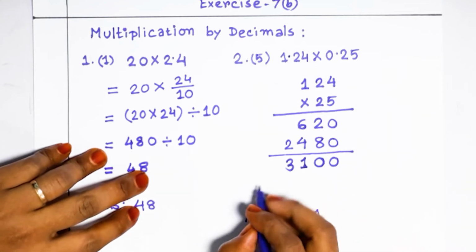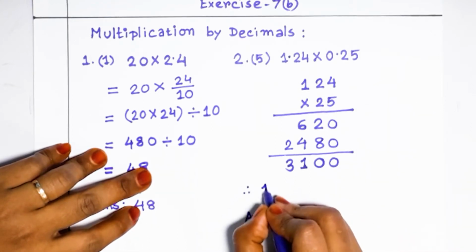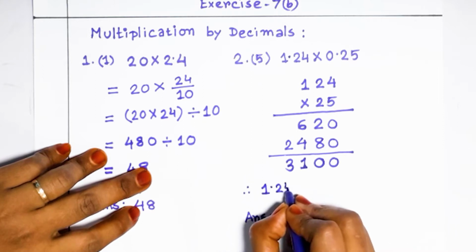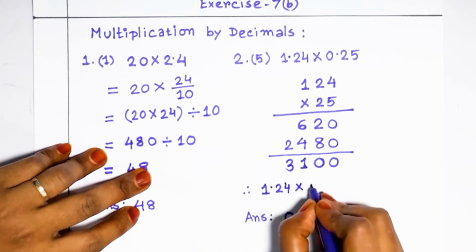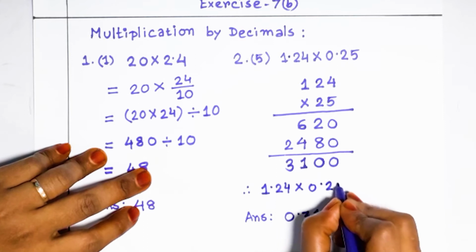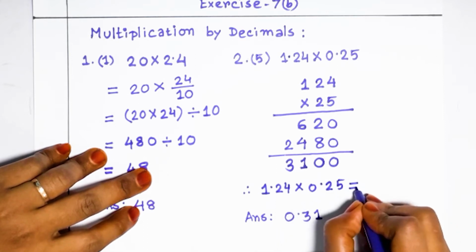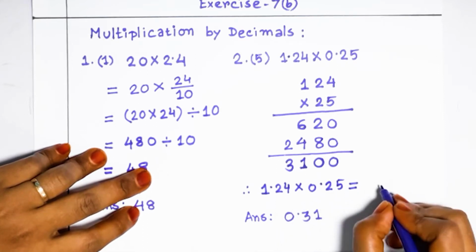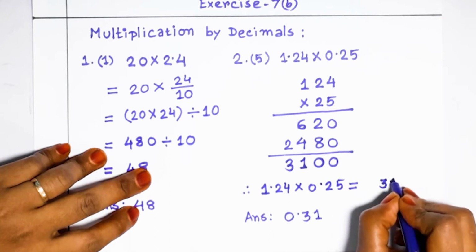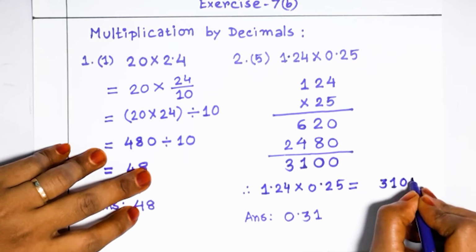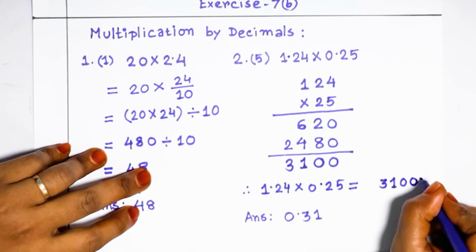So we can write here, therefore 1.24 multiplied by 0.25 is equal to 3100. Here is the point.